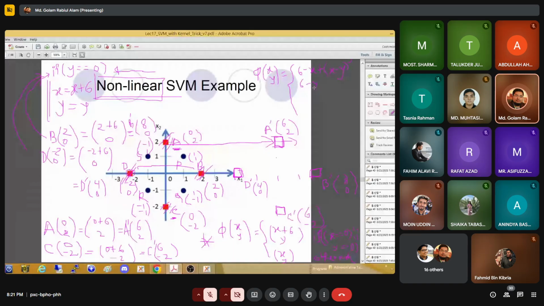And for y, it will be 6 minus y. Okay, so it will be 6 minus y plus x minus y whole square.